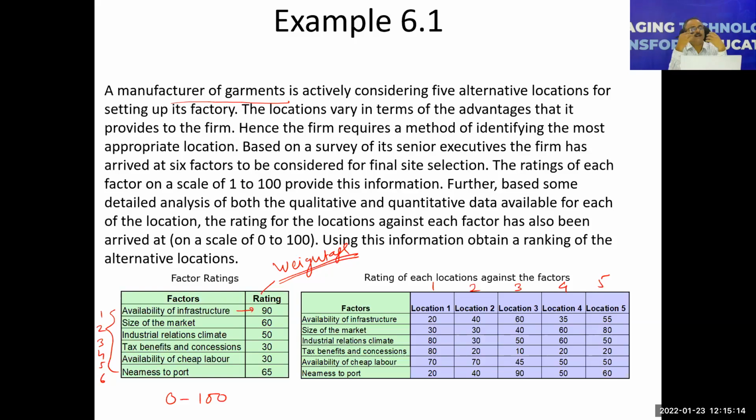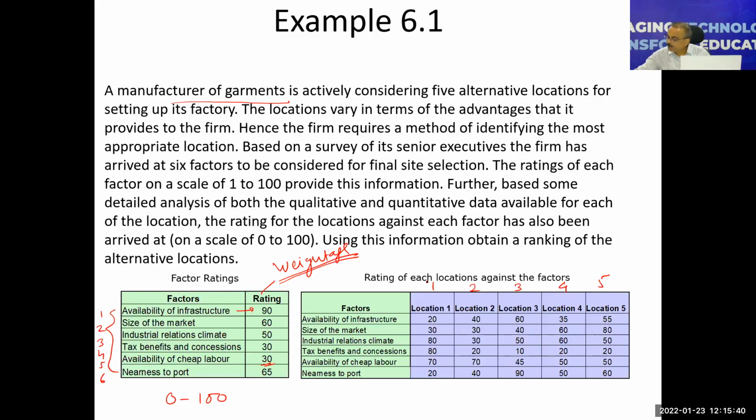So that is the least priority factor, so you may give a weightage of 30 for that. As far as availability of cheap labor is concerned, you will give a relatively low weightage to that. So depending on the type of industry, first you have to decide how much weightage, what rating, you will consider for each individual factor.